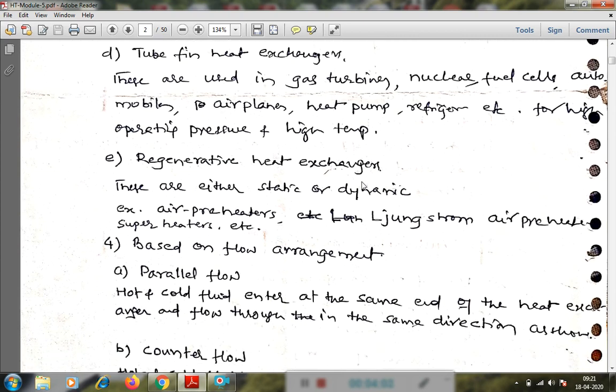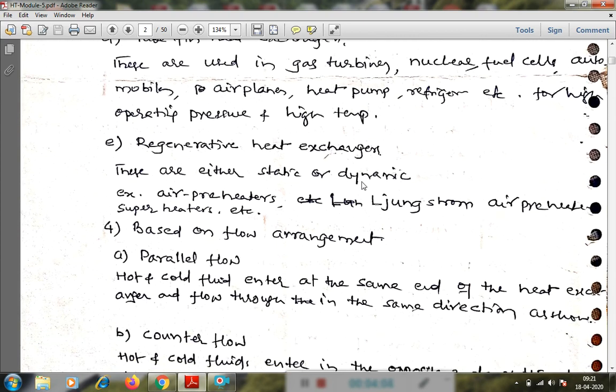Then the regenerative heat exchanger. Here, heating elements are used. Once the hot fluid is passed through the heating element, it gets heated. Then, alternatively, we supply the cold fluid, and the heat received by the heating element is transferred to the cold fluid.